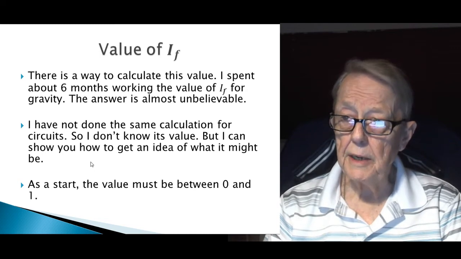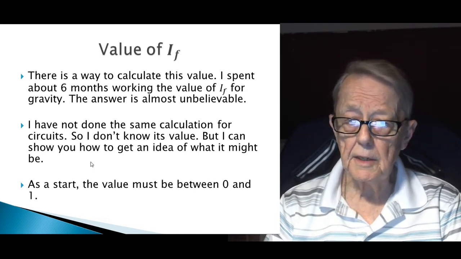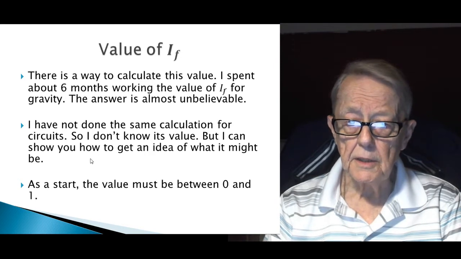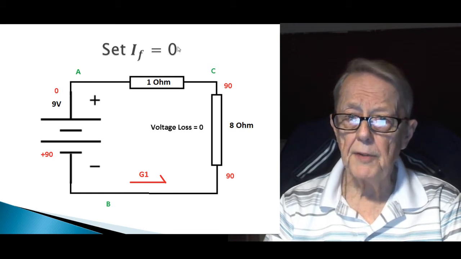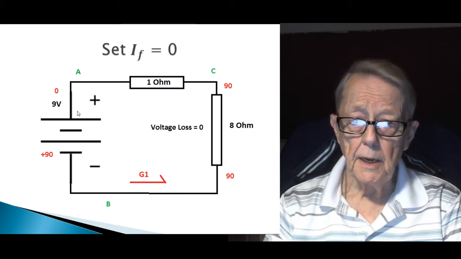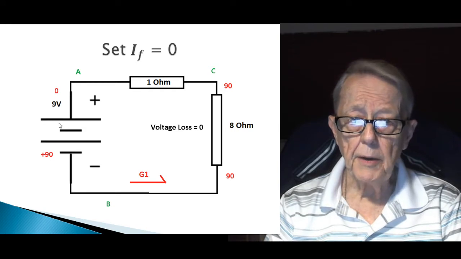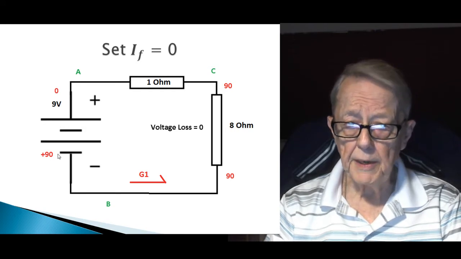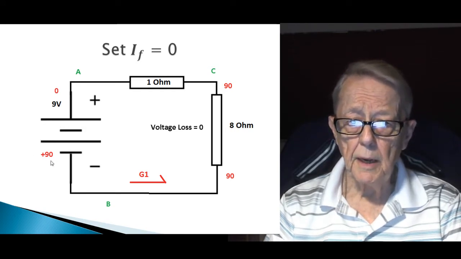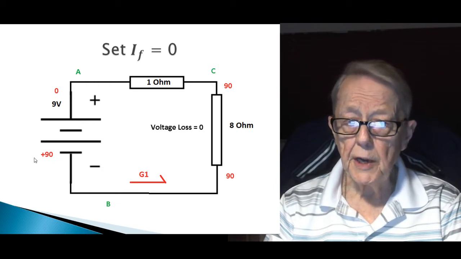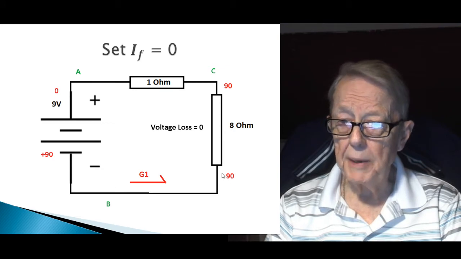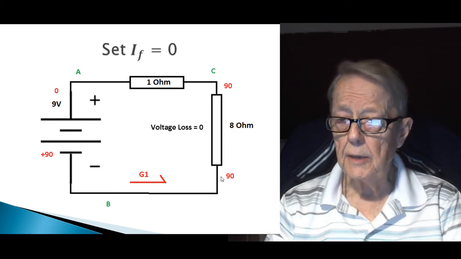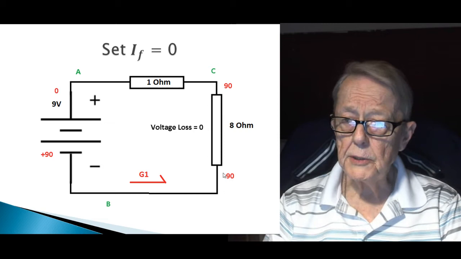That usually a factor like this, in this case, is between a value of 0 and 1. So let's set I sub f equal to 0, and we have a 9-volt battery, and if it's putting out 9 volts, it has to be inserting 90 G1 particles into the stream, so 90 are coming into the 8 ohm resistor.